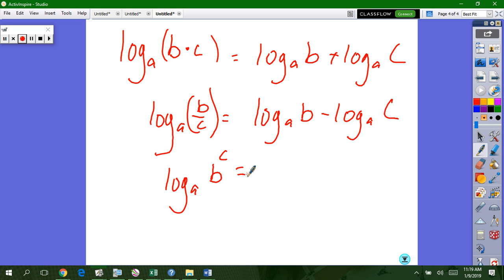B raised to the C. What do we do when we have a power to a power? Multiply. So I have C log base A of B. Notice he came out and multiplied.